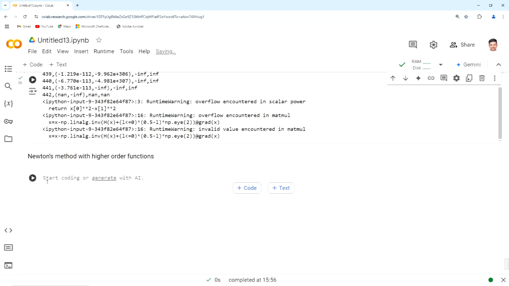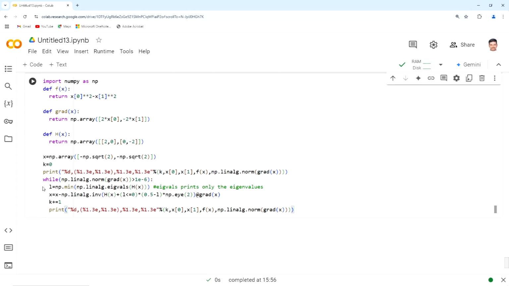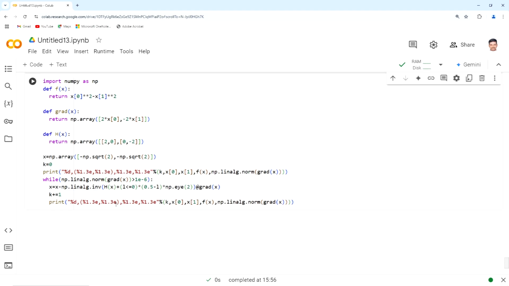I just copied this, but I will remove L. Now this is the Newton's method, and I will modify the code to accommodate this problem: x1 minus 2 the whole power 4 and x2 minus 3 the whole power 4.